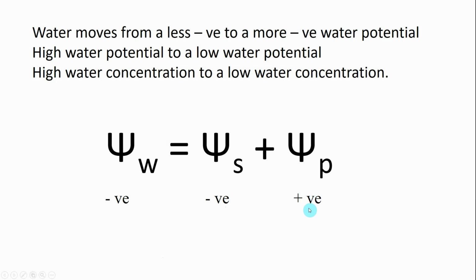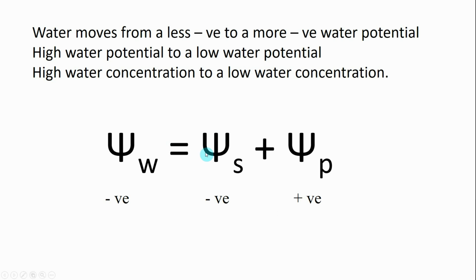As the pressure potential increases, the water potential decreases. This is so important. This is going to set you up for the rest of the section. You need to understand this. Water potential moves from a high water concentration to a low water concentration.